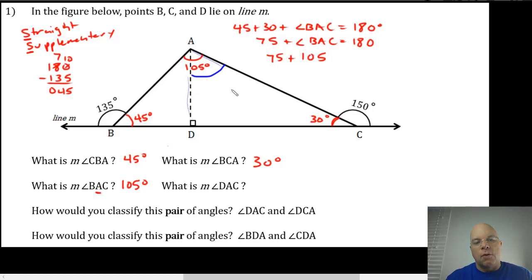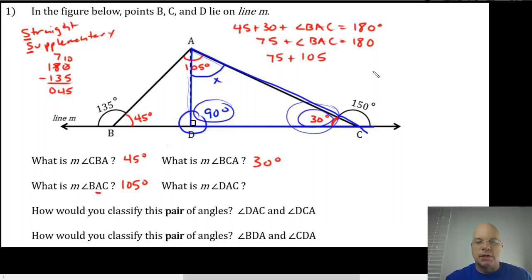Well, now we need to focus on, let me just highlight the triangle we're looking at now. This triangle. And we still have 2 out of 3 angles because we see this square symbol. We know that means 90 degrees. So I have a 90 degree angle and a 30 degree angle. I need to know this missing angle.